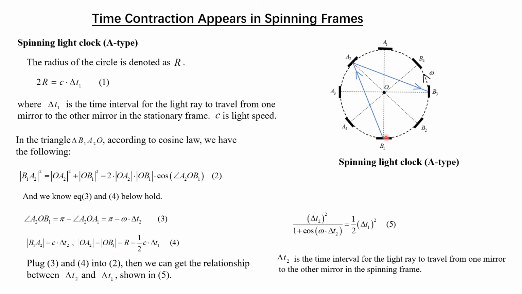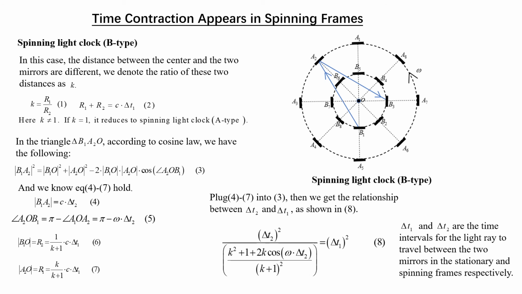So B1A2 equals c times delta T2, and OA2 and OB1 equal the radius r, and r is equal to half multiplied by c multiplied by delta T1. And we plug 3 and 4 into 2, then we have the relationship between delta T2 and delta T1. This relationship is shown in equation 5.